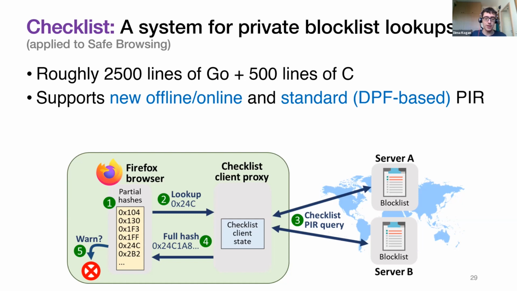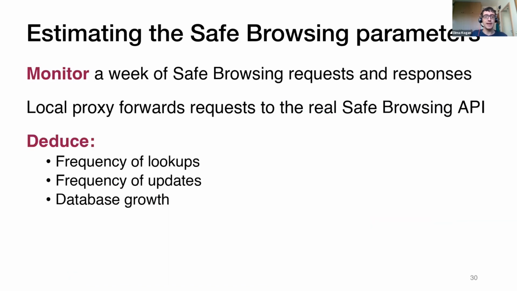And in our PIR client, we implemented both our new offline-online PIR scheme and prior work, so standard PIR using the DPF-based PIR, which is very fast. And then to run our experiments, we ran our proxy in a collection-only mode. So the proxy would talk to the real safe browsing servers, but we'd see on our own laptops the pattern of requests and responses.